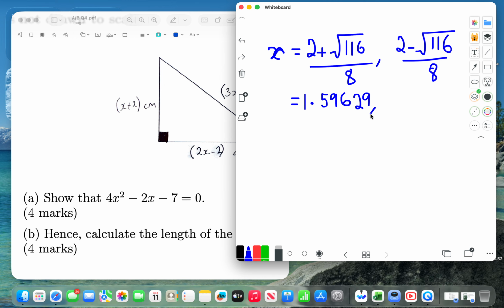Or let's do 2 minus the square root of 116 divided by 8, which is minus 1.09629.